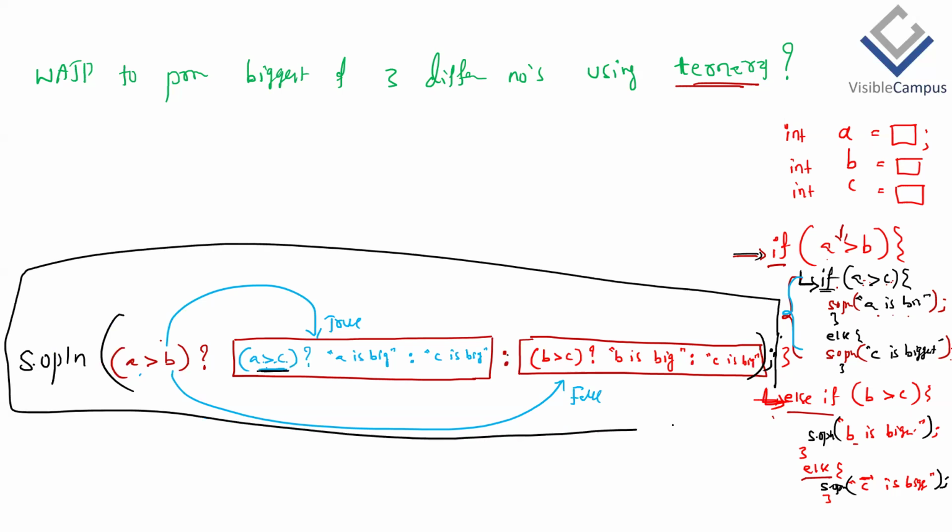But for example, if you add one more nested ternary inside, does it look so simple? We have to think correctly, then ternary will be much easier. So this is about ternary, and switch is very, very important. We will continue with switch in tomorrow's class.